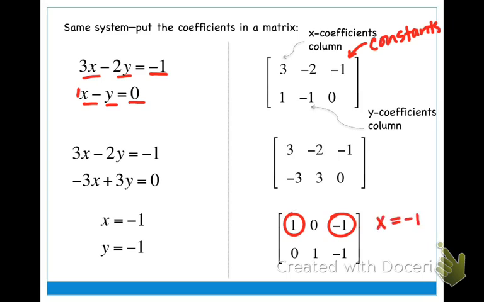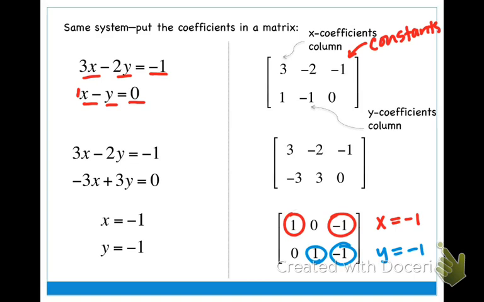And then the 1 in the second column, the y column, matches with the negative 1 in the constants column, and that gives me y equals negative 1. That's why I want those other zeros, to get rid of the x's and y's in those. But that's how I get my two answers: x is negative 1 and y is negative 1.